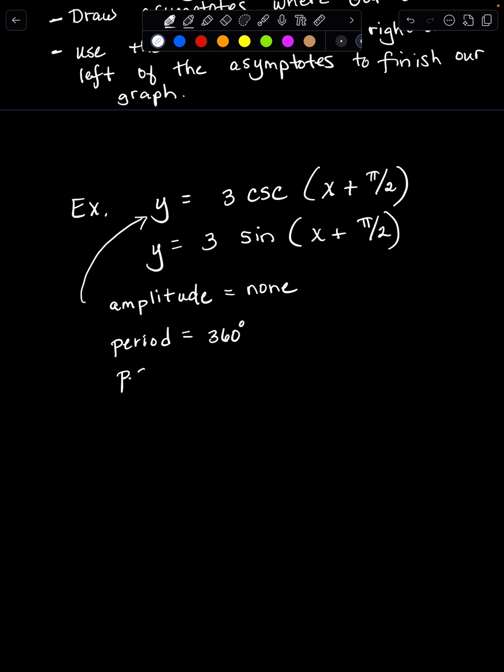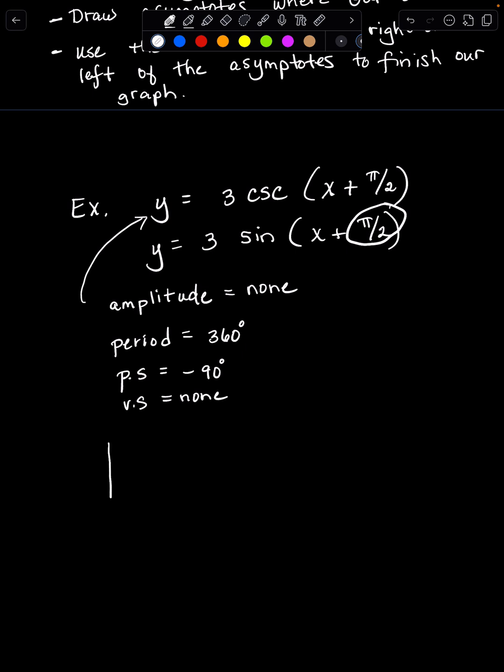The phase shift, right, it's my c value. In this case, it's negative 90 degrees, right? That's in radians, but I can convert it to degrees, and then there is no vertical shift. All right, so I'm graphing this.